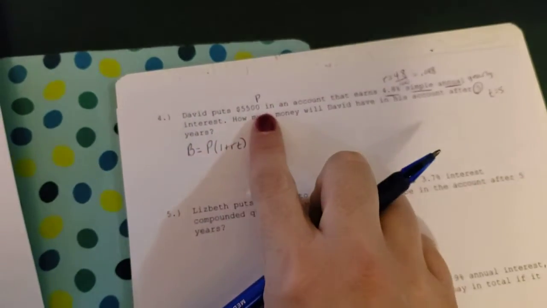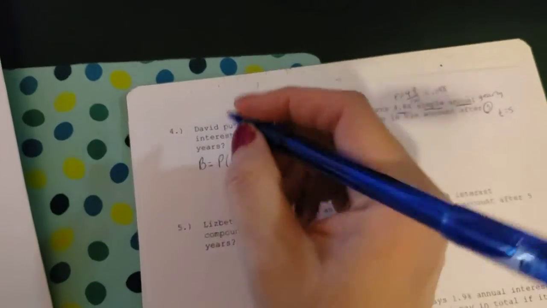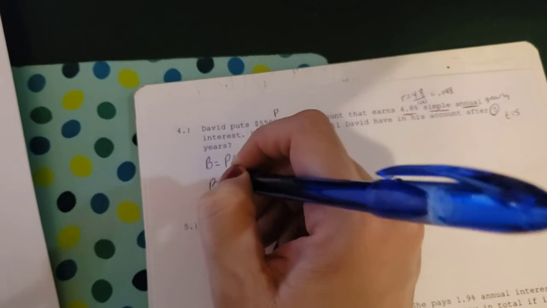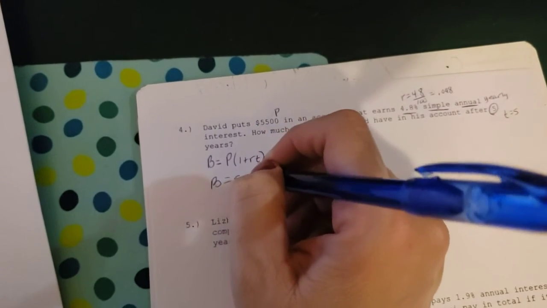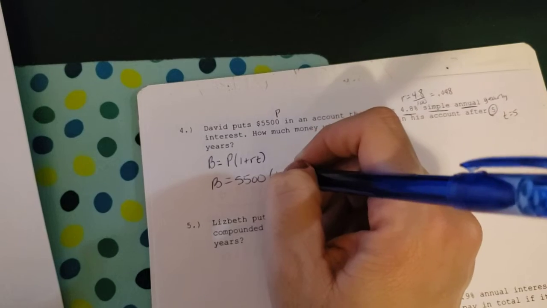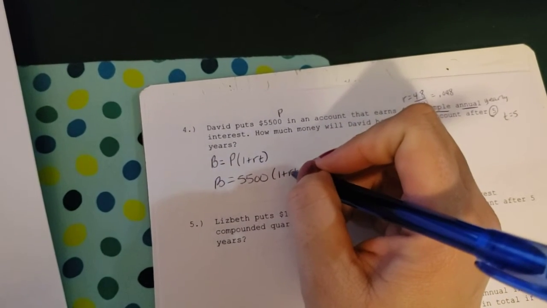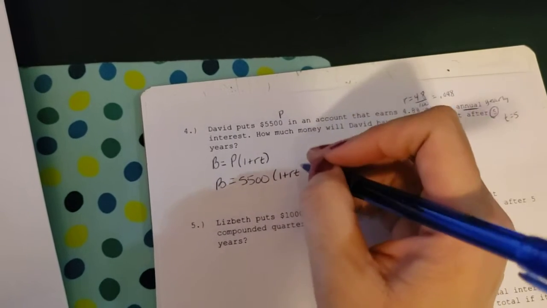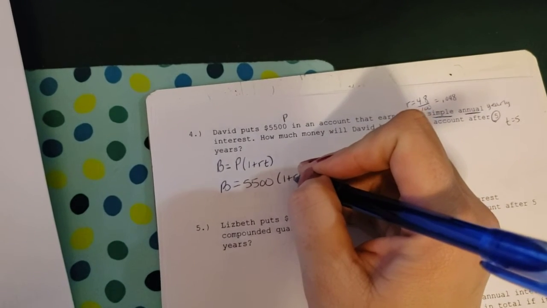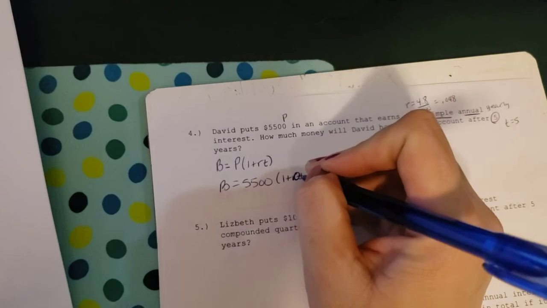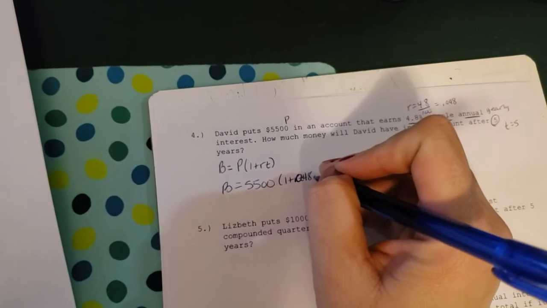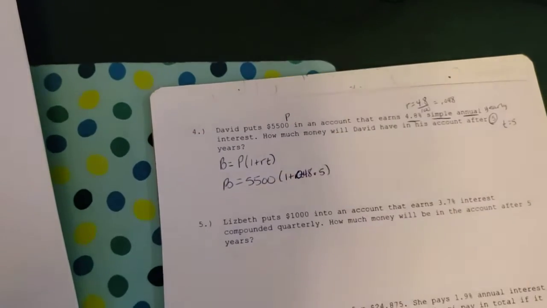So I'm going to plug my P, R, and T into the equation. My rate is 0.048, and my time is 5.